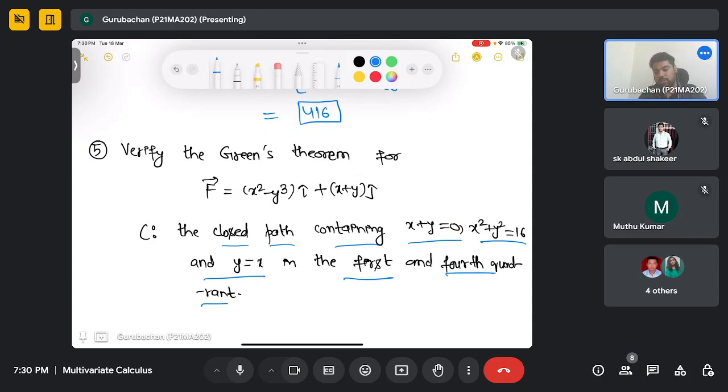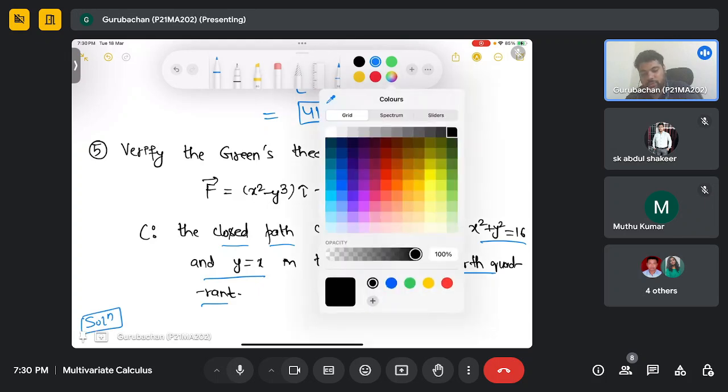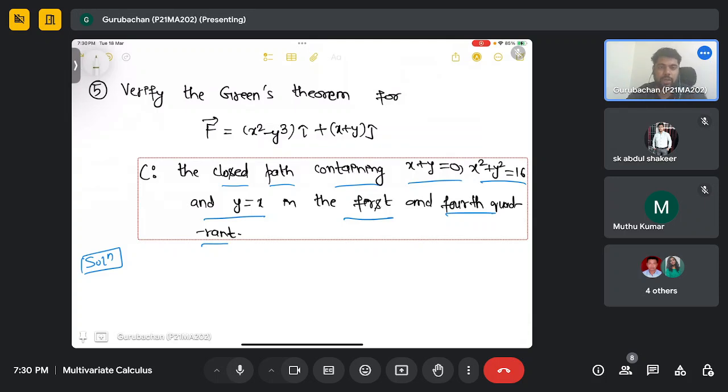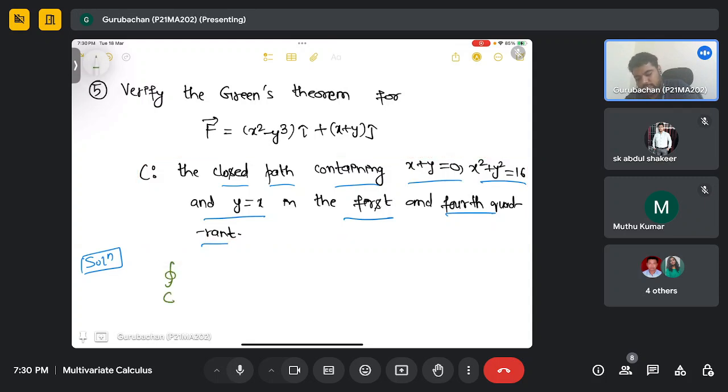So in rough language, I'm not writing the exact precise statement of Green's theorem for the time being. Assuming the continuity of the partial derivatives, the integral over C of m dx plus n dy will be the double integral over some region R of del n over del x minus del m over del y dx dy.